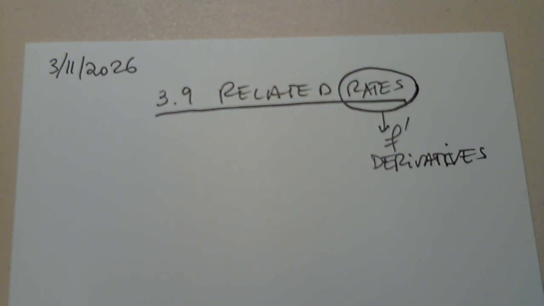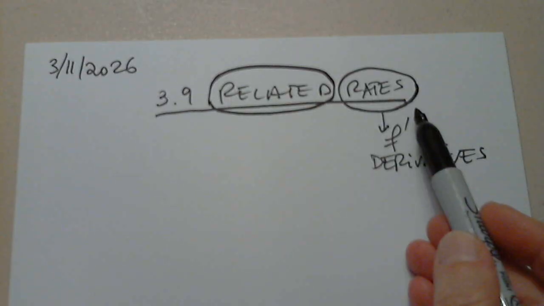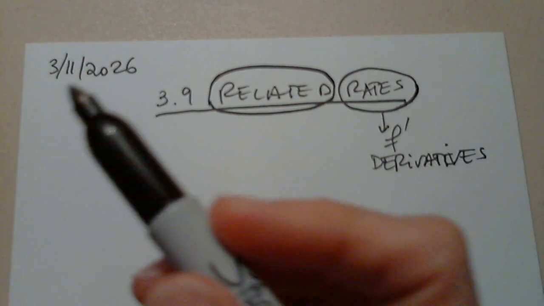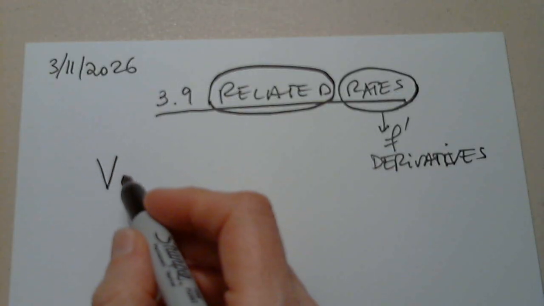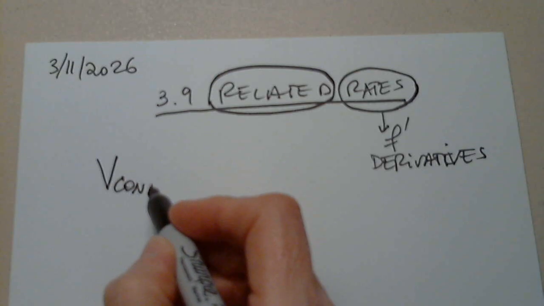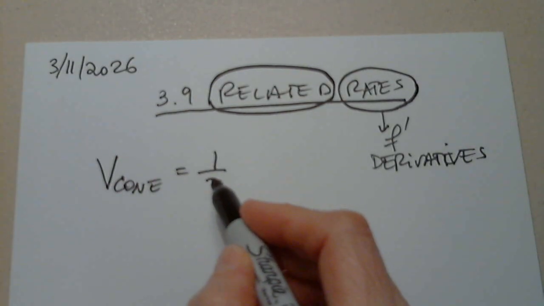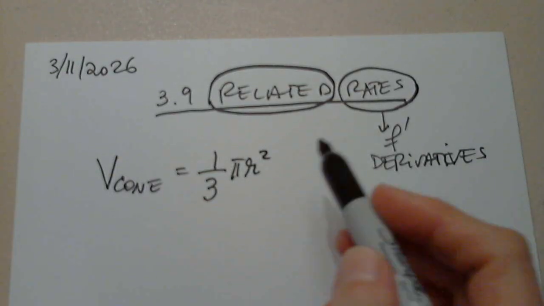Okay. Now, what does this have to do with rates? Here's the explanation. Let's suppose we have the volume of a cone. The volume of a cone formula is 1/3 pi r squared h.